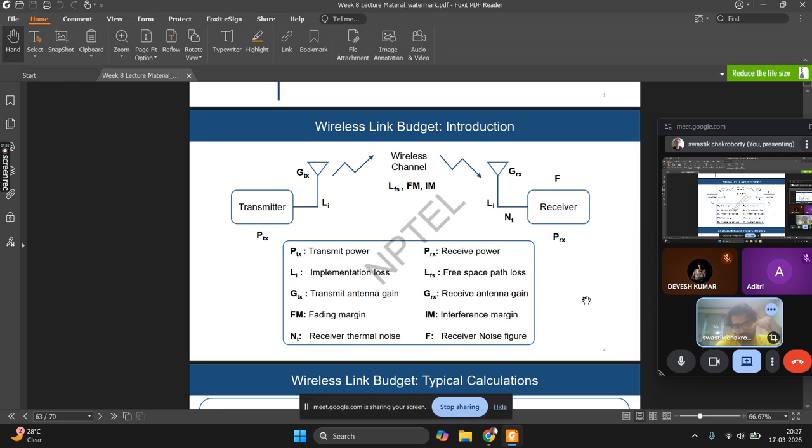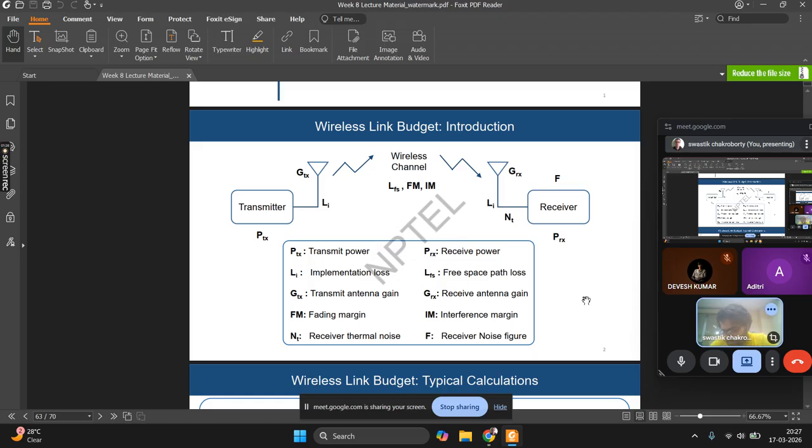Say your receiver sensitivity is minus 90 dB. That means any power that is lower than minus 90 is considered to be noise, not signal. No matter what the content of the signal is, it will be considered to be noise.